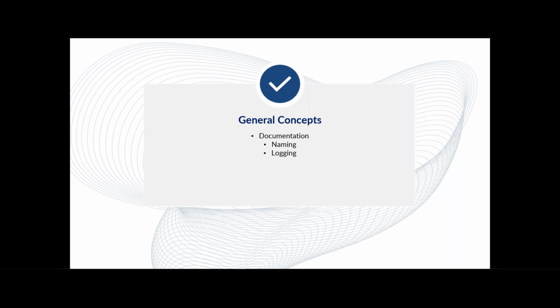The other thing that's important about understanding the logging aspect is making sure that you get the right level of logs that's appropriate for your organization. Logging happens at many levels.